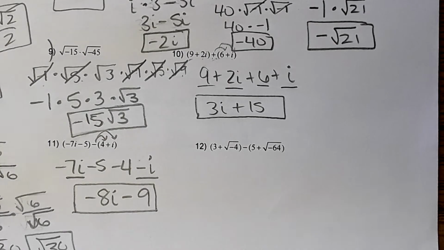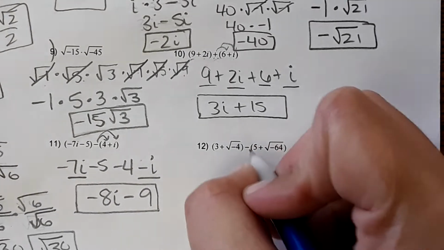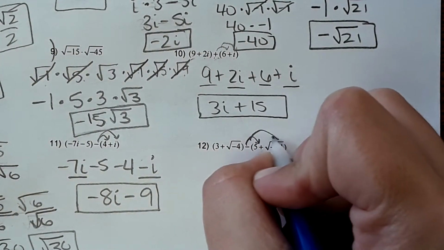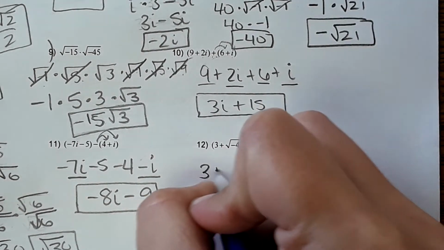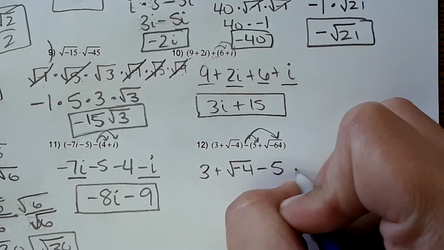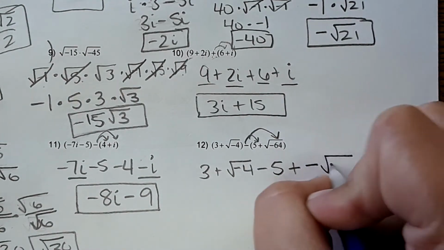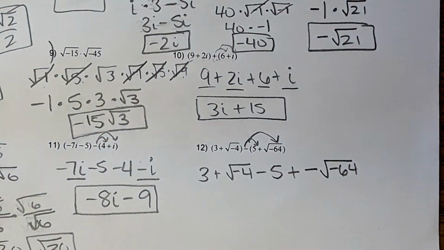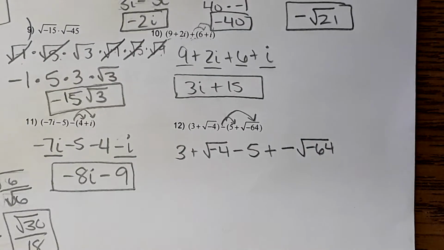Okay, so for number 12, this is where it brings it all together. We're going to distribute this negative to both of these terms. So 3 plus square root of negative 4 minus 5 plus negative square root of negative 64. Just, we're taking it one step at a time. Okay.